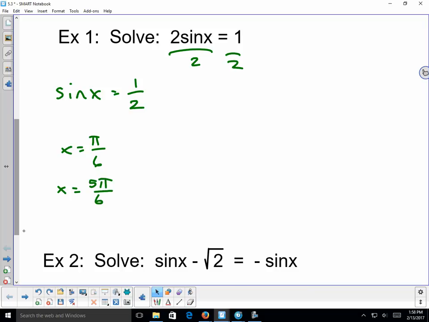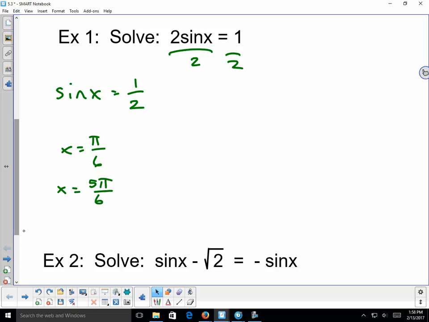But wait. Can't I wrap around a whole extra time and still get to another angle whose sine is 1/2? And then I could wrap around again and again. So we want to generalize our solutions. We're not just going to say pi over 6, comma 5 pi over 6, dot, dot, dot.